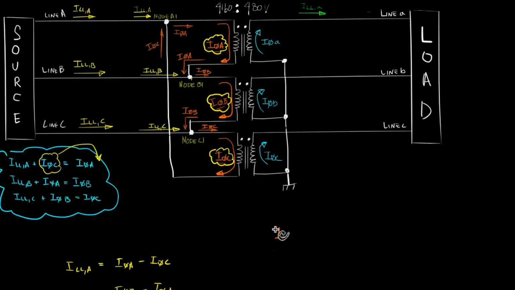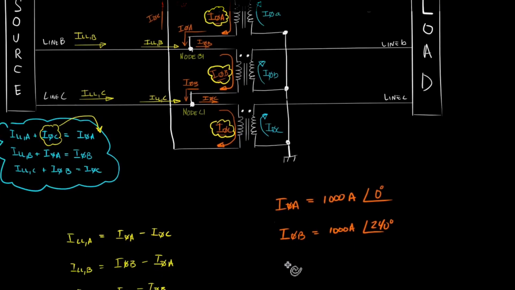So let's say that phase current A on the primary side equals 1000 amps at 0 degrees. Phase current B equals 1000 amps at 240 degrees. And lastly, phase current C equals 1000 amps at 120 degrees.